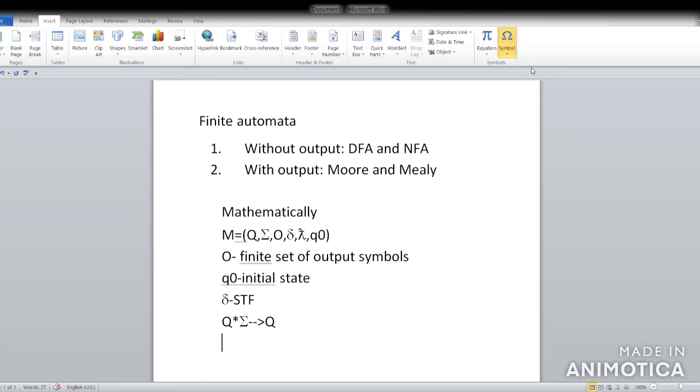So again we are defining here lambda is a machine function. Again, it is a function which maps, I'll show it by cross, current state and input alphabet, that is given by symbol sigma, to the output symbol O, right?